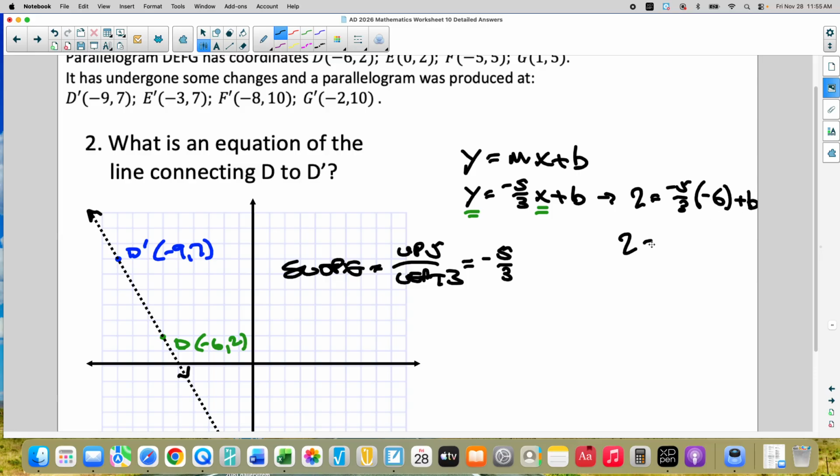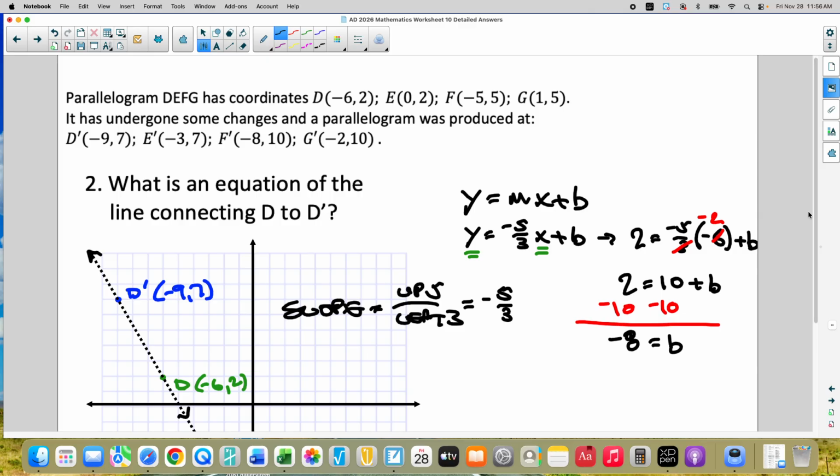So 2 equals, these are going to cancel. That's going to be 2, so negative 2. So that makes positive 10 plus b. Now we'll subtract the 10 from both sides, and we get negative 8 equals b. And that's what we had assumed.